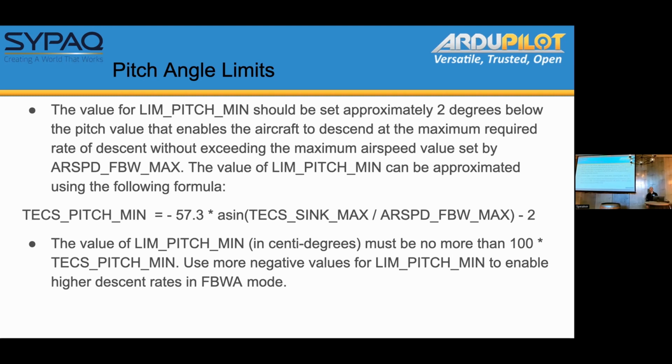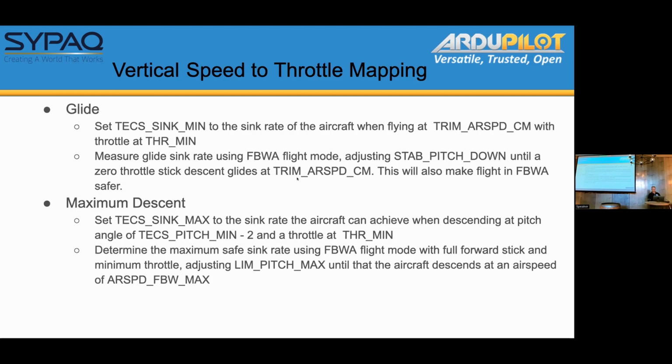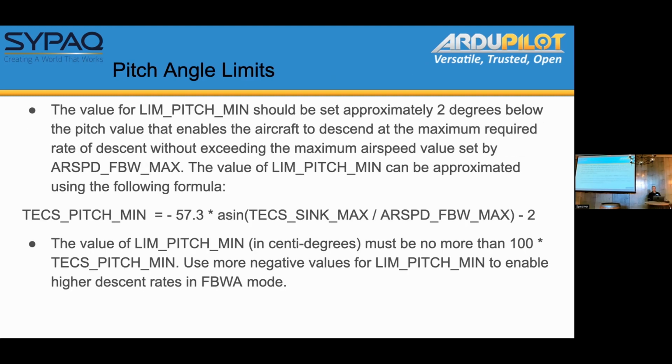At the back: that equation for TECS pitch min, it seems like it doesn't account for the angle of the path, the wing. On screen just now. The answer is yes, it does, because we've set our pitch datum.